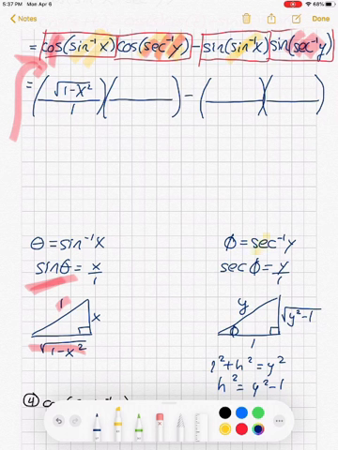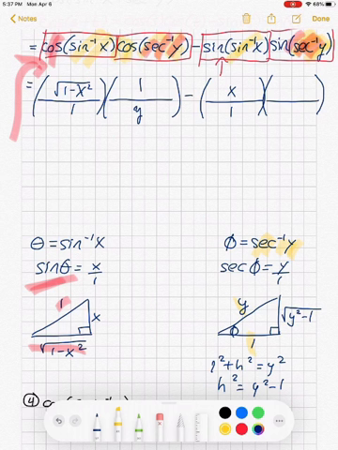Okay, now for my inverse secant triangle, I need the cosine. That'd be 1 over y. Oh, this one's easy. That one I can actually just cancel, right? I have x over 1.